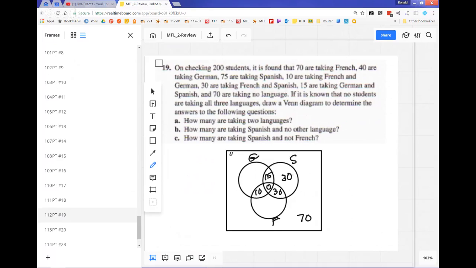All right. Next, 40 are taking German, and we already have 25. So that means we need a 15 there. And 70 are taking French, and I currently have 40.